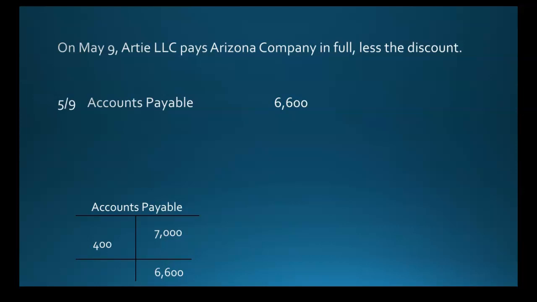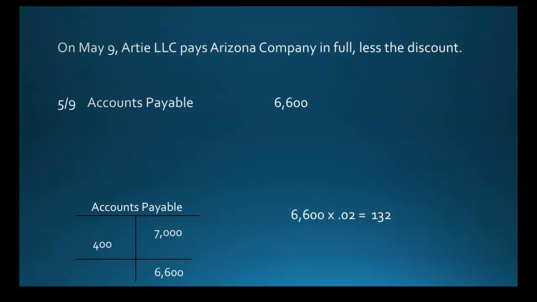Now, we paid back within the discount period. So we will find that 2% discount off of the $6,600 owed. So we take that $6,600, multiply it by 0.02, and we find out that there's going to be a $132 discount.